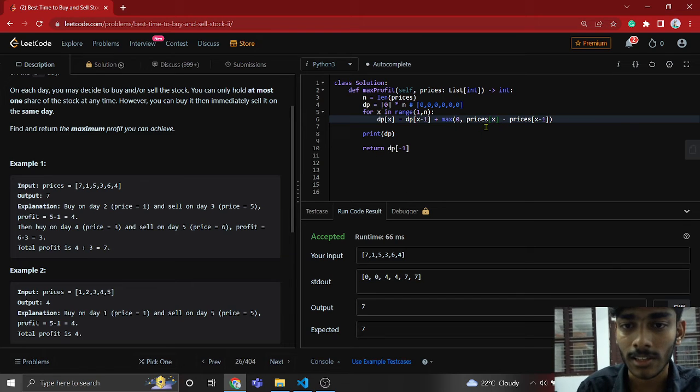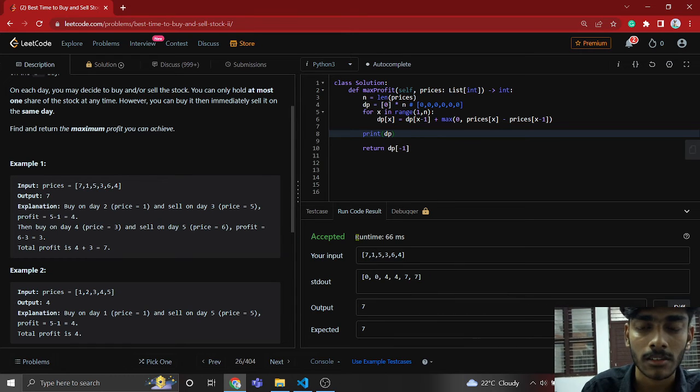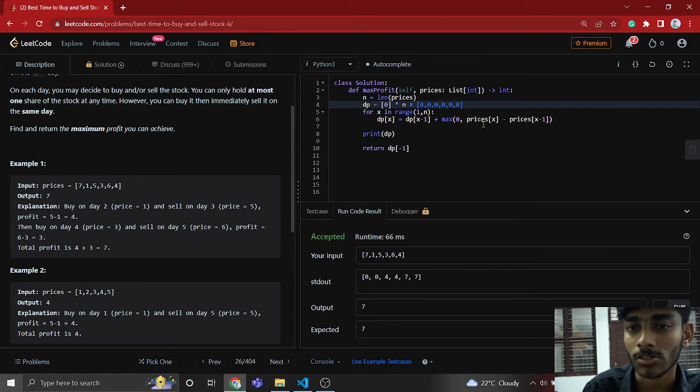So we start with index 1, and it will be 0 here for sure. Then for x equal to 2, dp[2-1] is dp[1], which is 0, plus max of 0 and prices[2] minus prices[2-1].